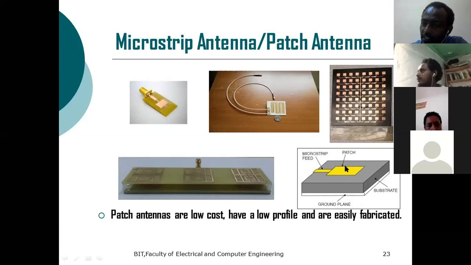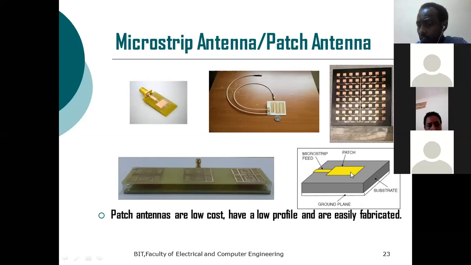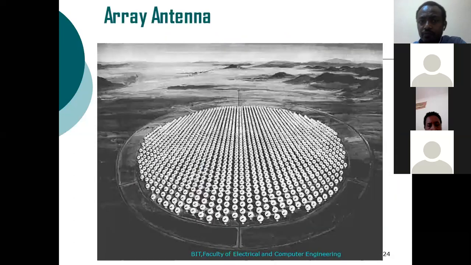It feeds the patch, and by some mechanism, it radiates to the surroundings. So affecting this structure normally will have an impact on the radiation pattern of this patch antenna.